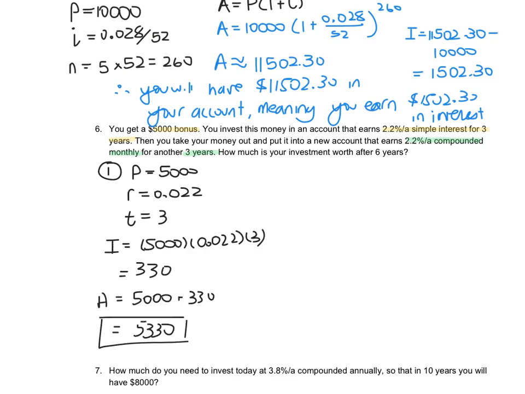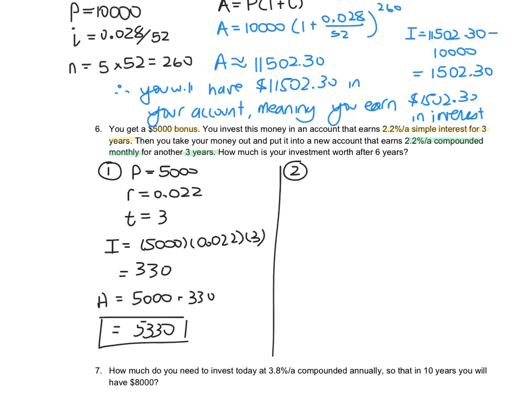All right, so when you do 5,000 times the rate times the time, you should get $330, and that's the interest that would be earned, which means after 3 years, you will have $5,330 before you put it into that compound interest account.